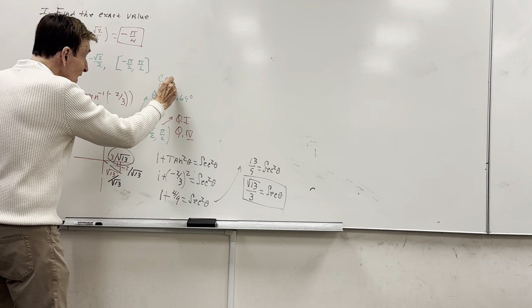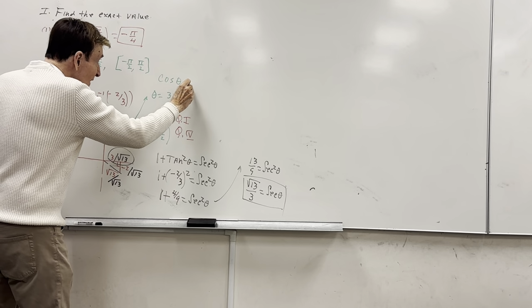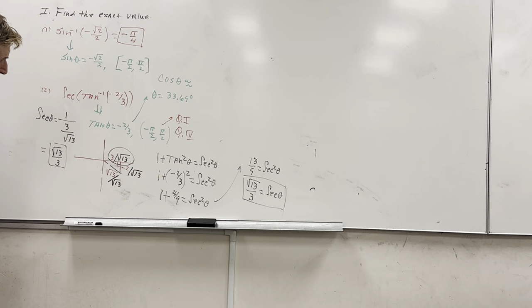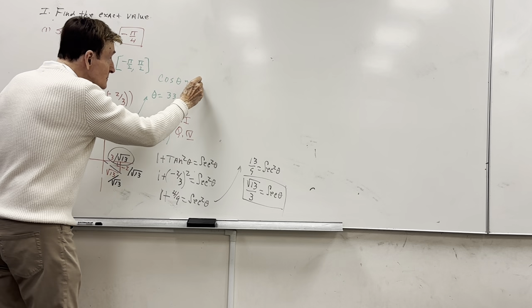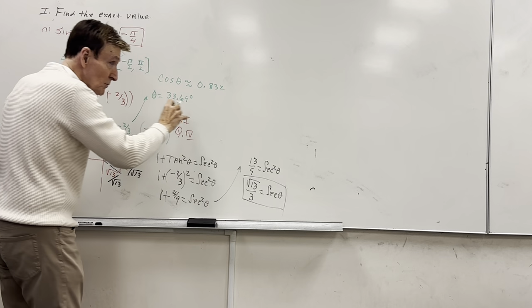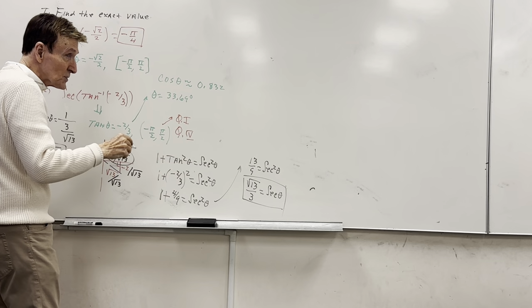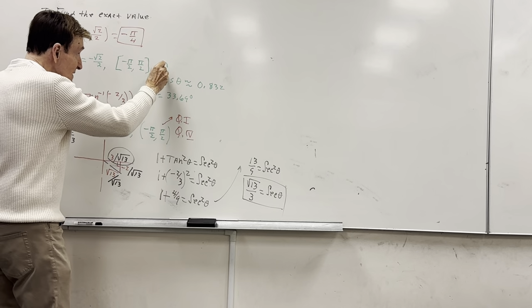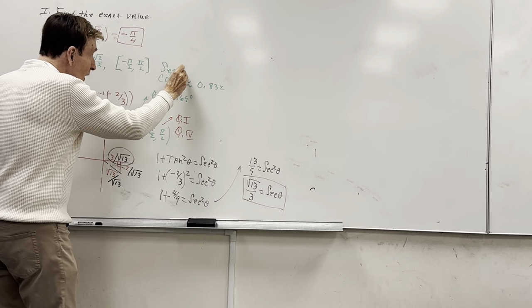I know that takes a little time. So cosine of that is 0.832. Now do a reciprocal of 0.832. We'll turn it into a secant. 1.2.